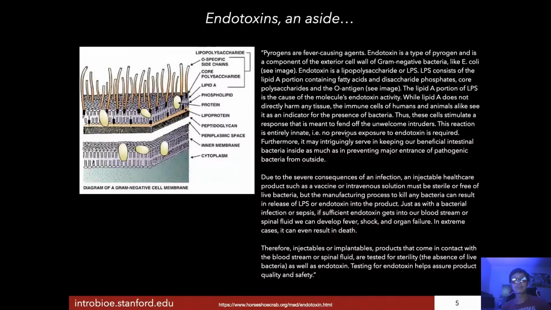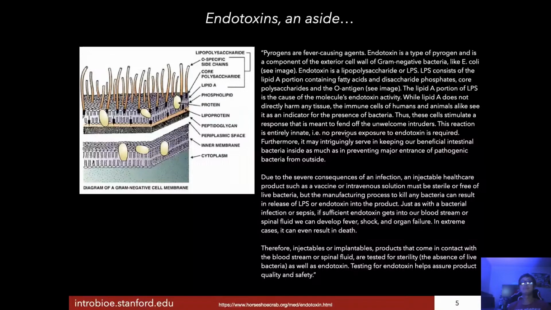In human medicine there's an issue where you get a fever, and one type of fever is derived from a pyrogen, a fever-causing agent, like pyromania. One type of pyrogen is an endotoxin, which is part of a bacteria.